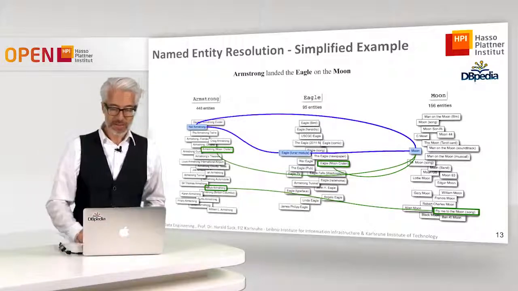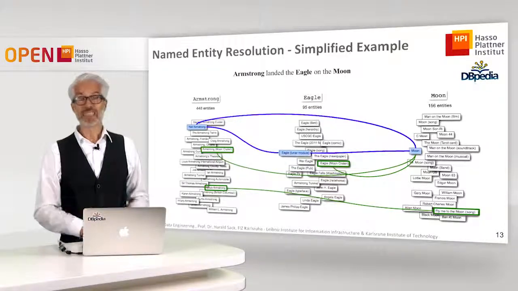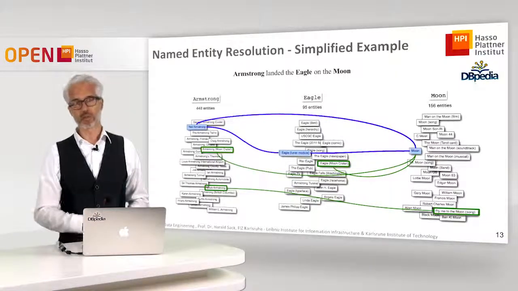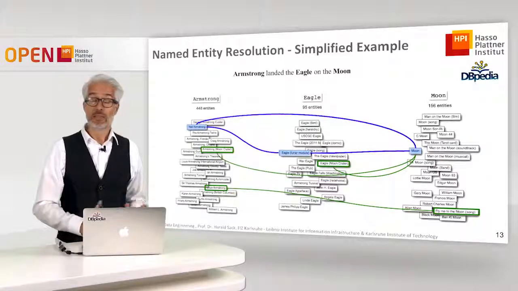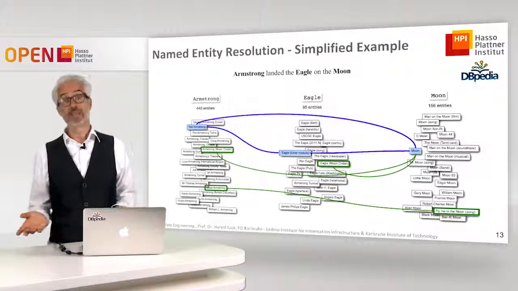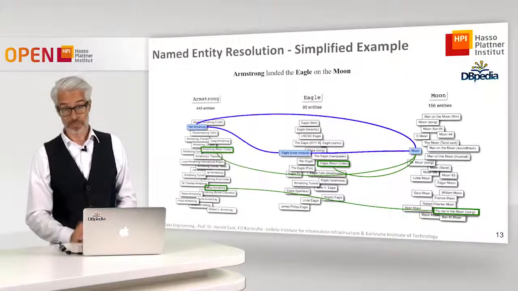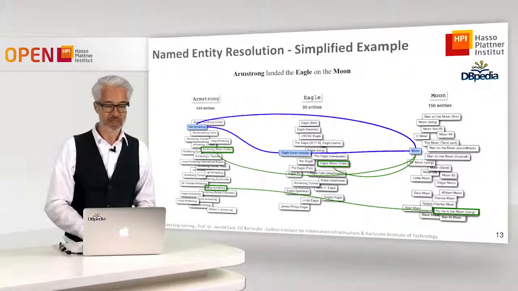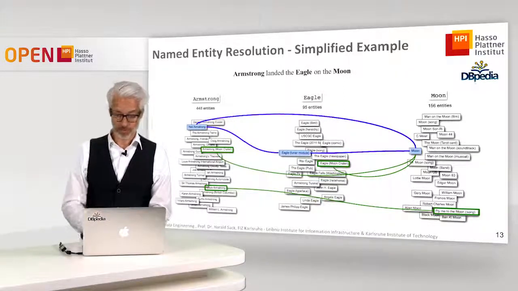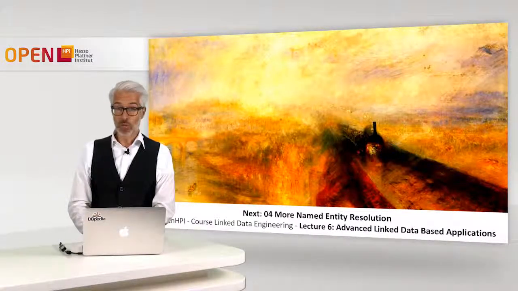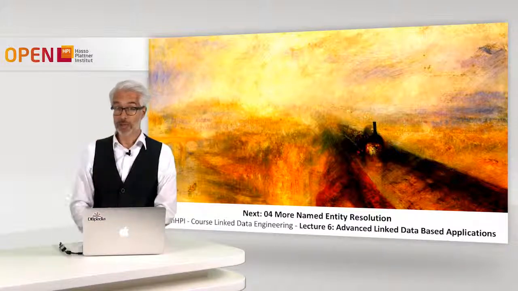And the other connections that you find, if there are missing links, so it's not a strongly connected component, but only a partial component or only a connected component, then this is even less likely. And if it's not connected at all, then the probability is even lower. So this could be, for example, another strategy to solve this named entity resolution process. In the next part of the lecture, we will look at exactly this process in more detail.